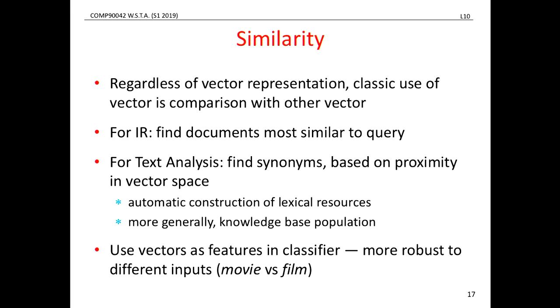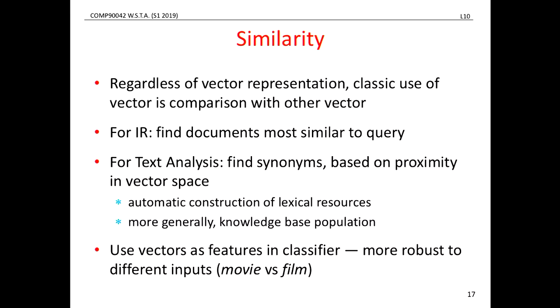How similar are they? That gives us a more general way of comparing the two, with the idea being that it's not going to get too fixated on getting words exactly right. If it gets words that are similar, then that would be okay, right? So if we had the word film versus movie, it's not going to care that much. It's hopefully going to have reduced them to similar points in the vector space.